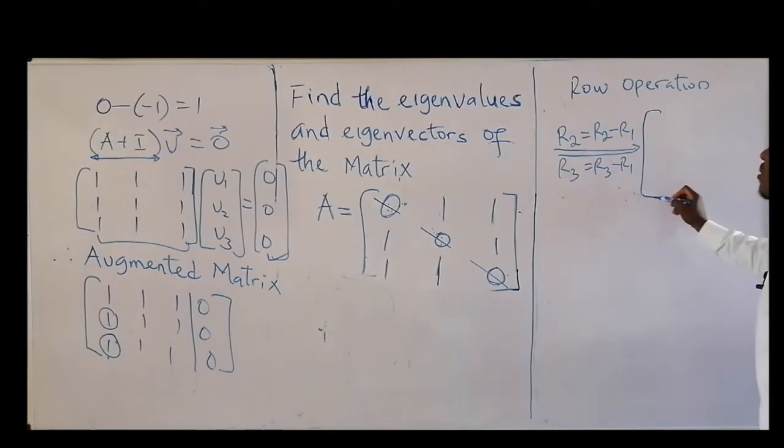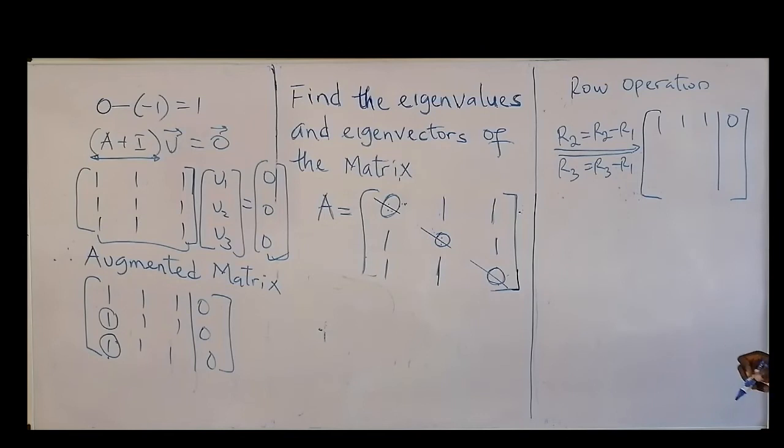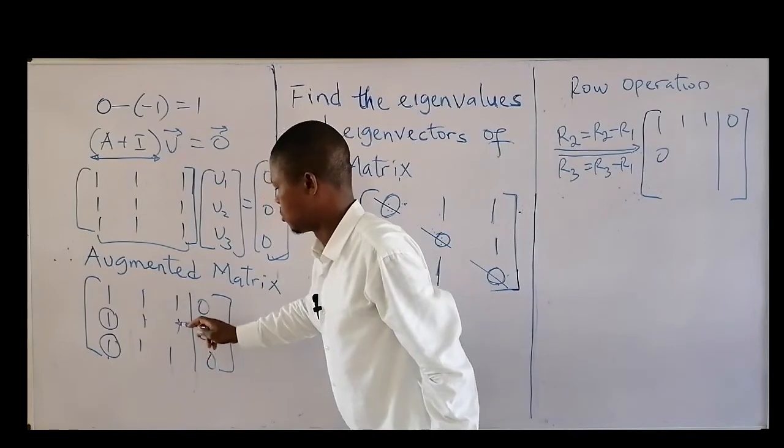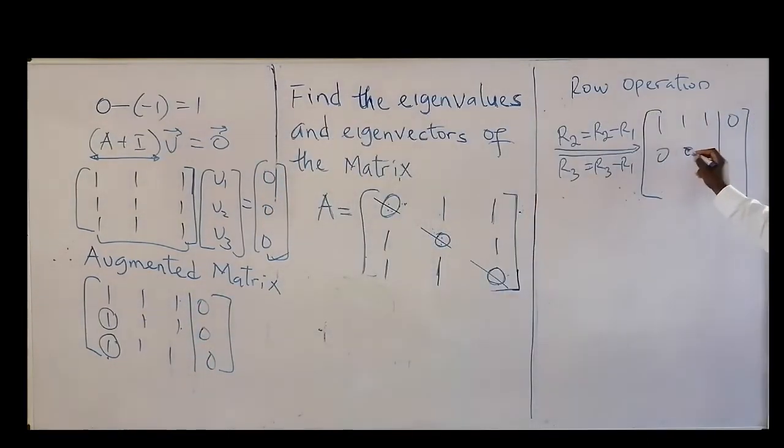We now have row 1 as a reference point, 1, 1, 1. Row 2, that's 1 minus 1, that's 0, 1 minus 1, that's 0, 1 minus 1, that's 0. The third one, the same thing, that'll be 0, 0, 0. We only have the non-zero row as row 1.